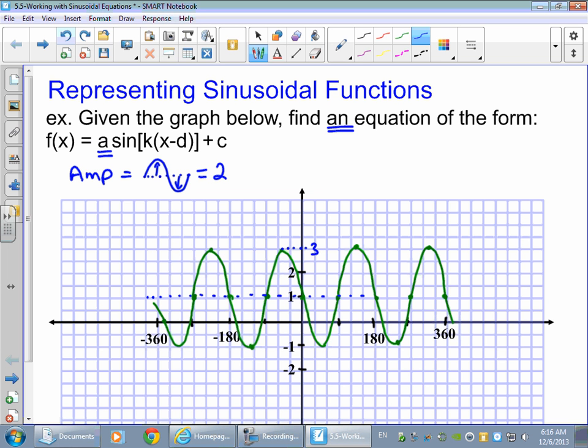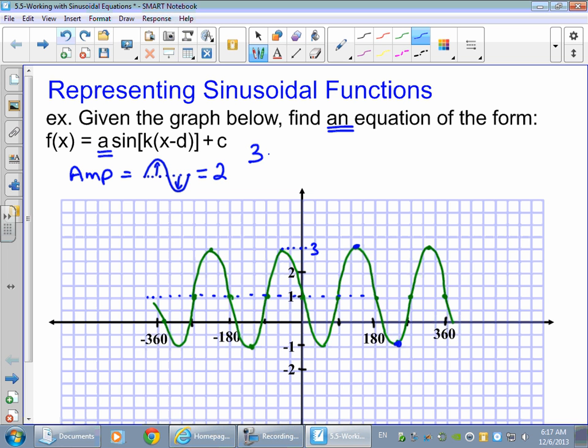If I can't see that clearly from a graph, another possibility, of course, is that if I know where the maximum value is, again +3 in this case, and I know where the minimum value is down here at -1, the amplitude will be half of the distance between.